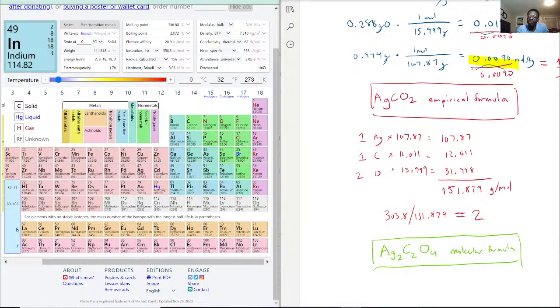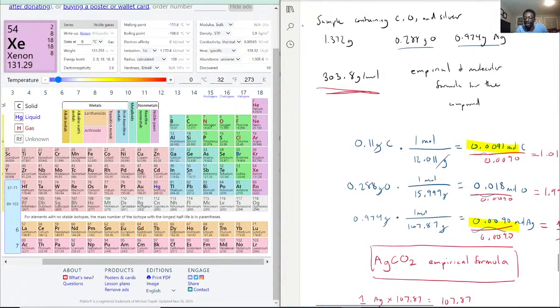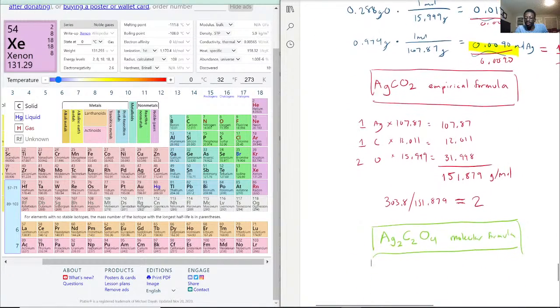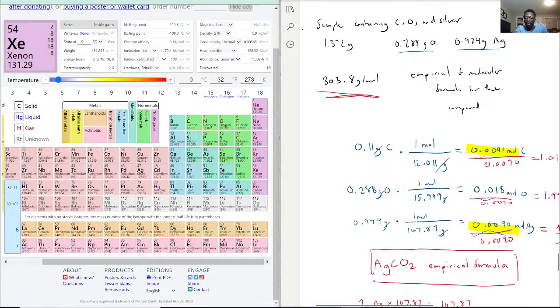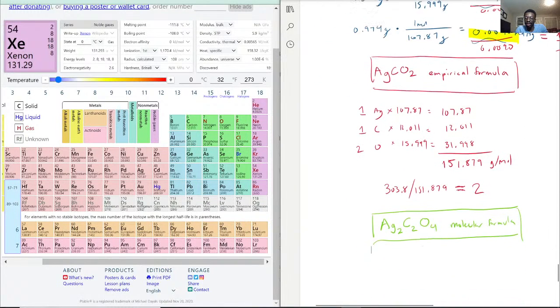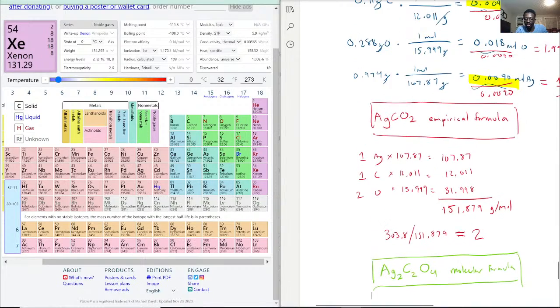And you'll see that the math checks out because 303.8 is going to be the molecular formula. We only had 1.372 grams of it. So because of that, this would be how many of each part you would have.